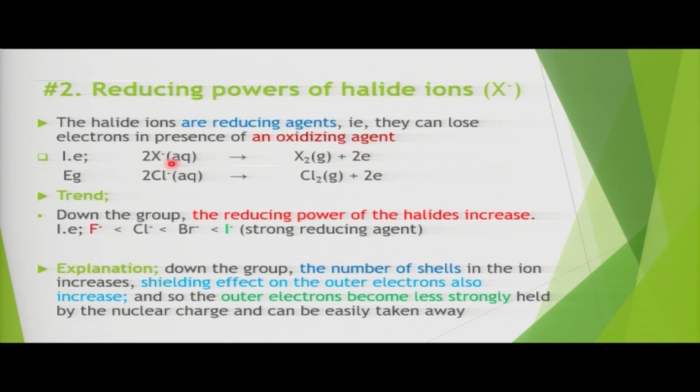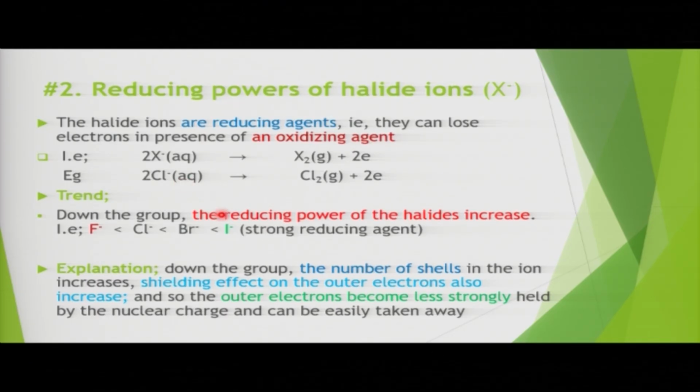So in that way, they are acting as reducing agents. They are losing their electrons. But remember, the electron they are losing is the one they had already gained. That's why in this case we call them halide ions. They are not halogen atoms. So provided you have a strong oxidizing agent, the halide ions will lose electrons.